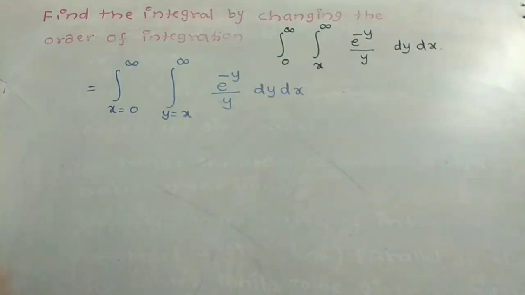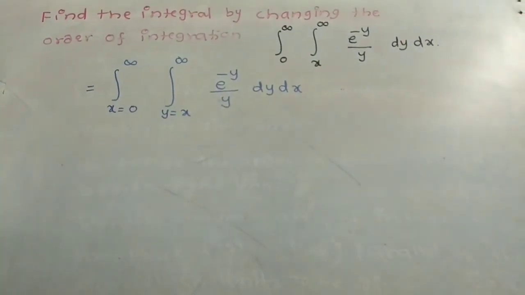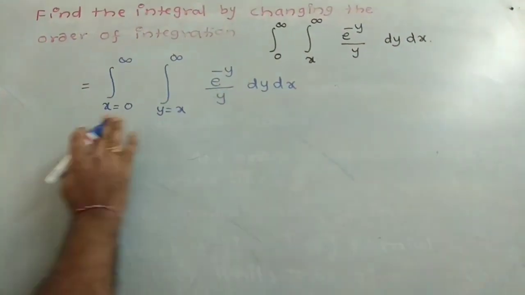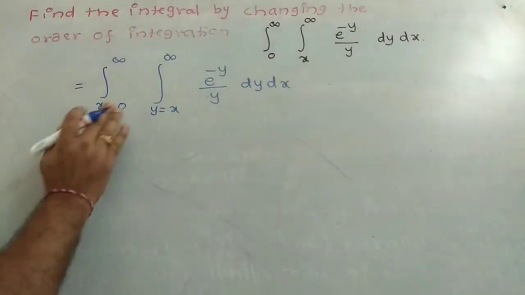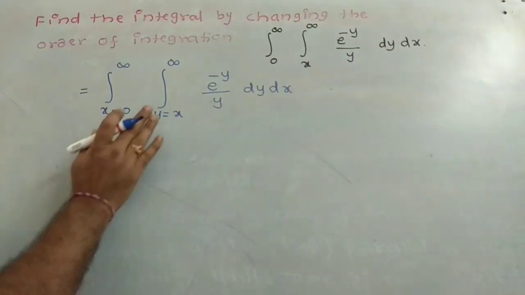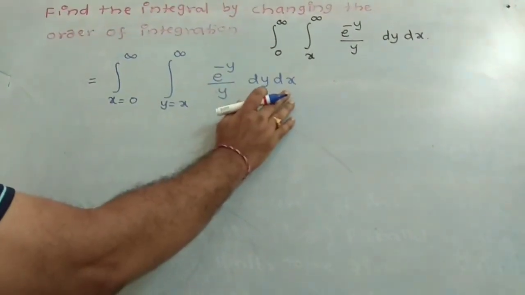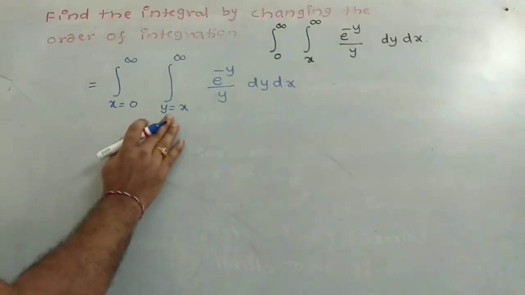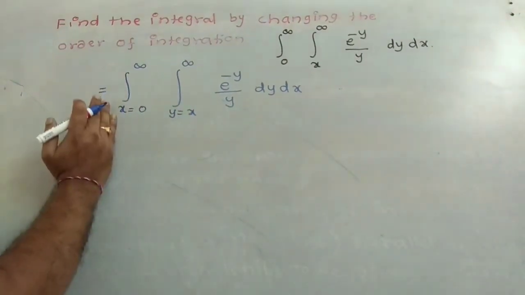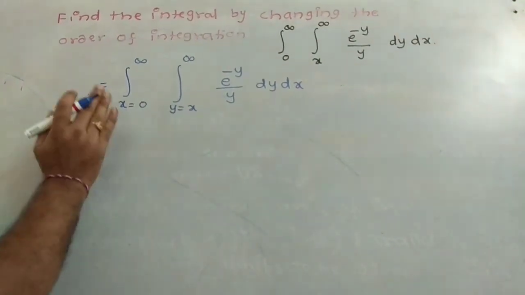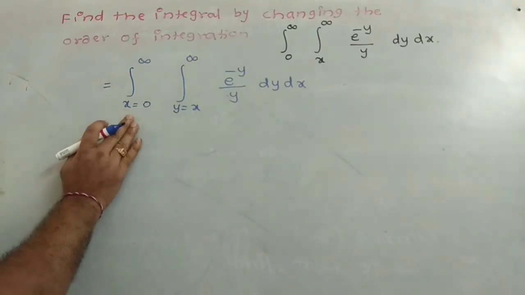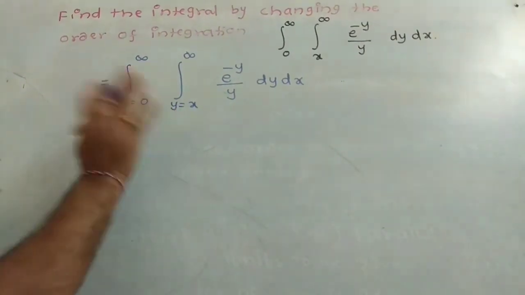Now the problem is you are changing the order of the integration. Previously the order was the reverse: dy dx means the x integral is outside and here it is the y integral. Now you are changing the order. Changing the order means the first integral should be the y integral, the second integral should be the x integral.